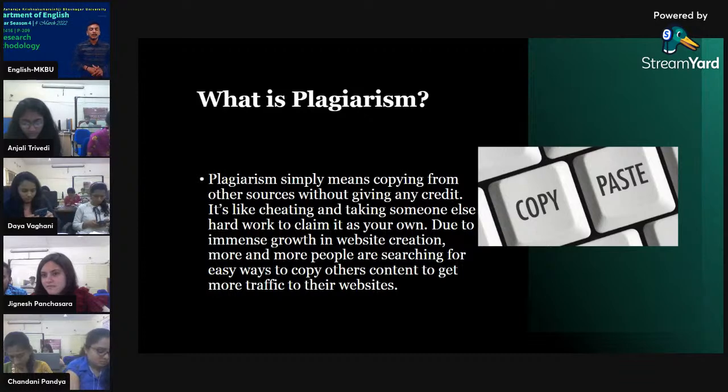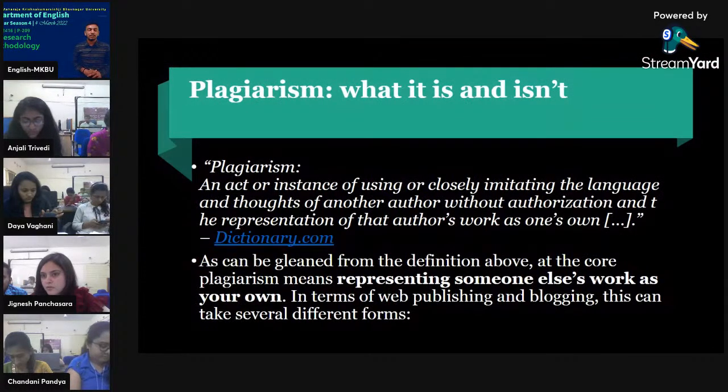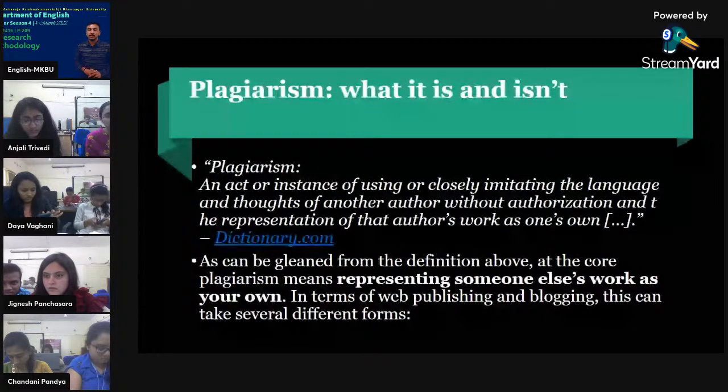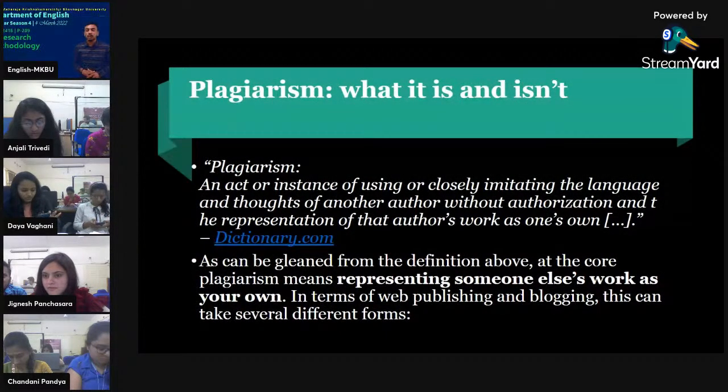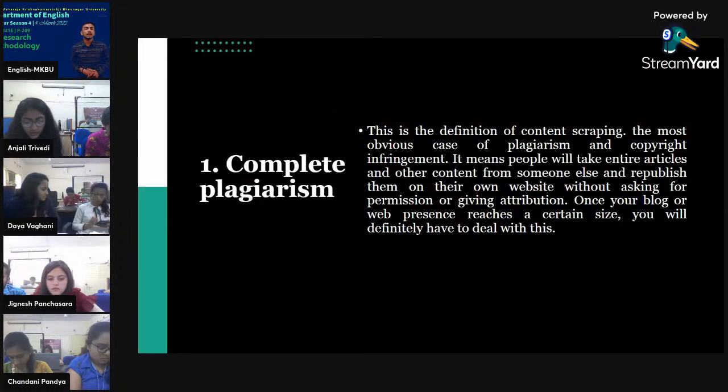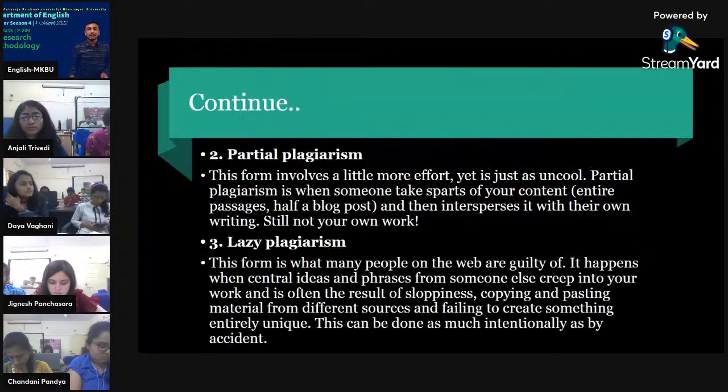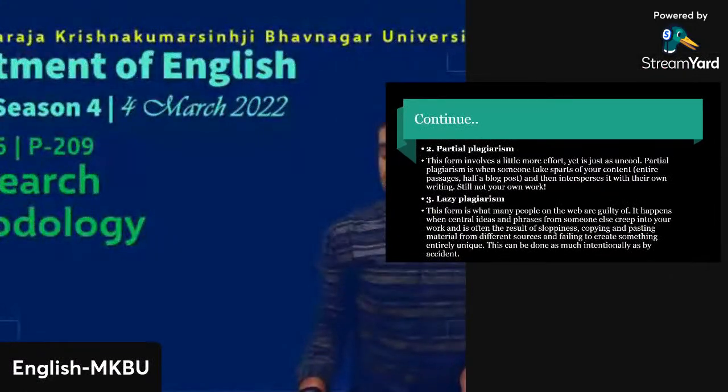So here is a definition of plagiarism: an act or instance of using or closely imitating the language and thoughts of another author without authorization, and the representation of that author's work as one's own. Here are the types of plagiarism: complete plagiarism, partial plagiarism, and self plagiarism.